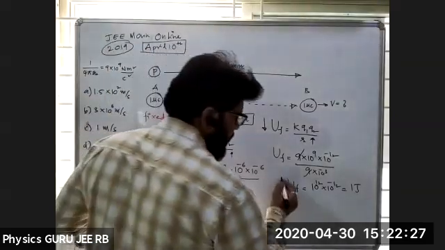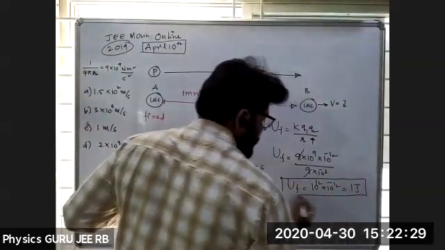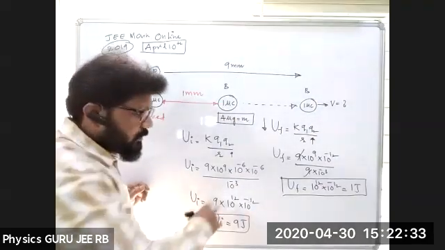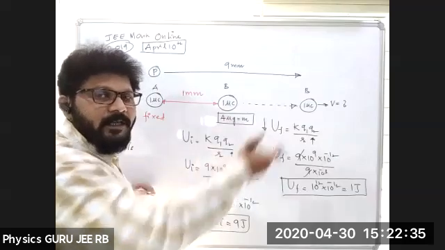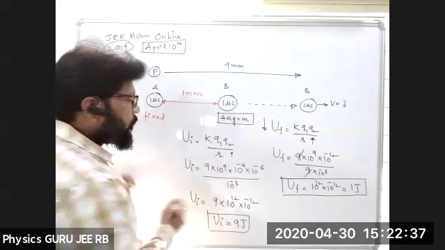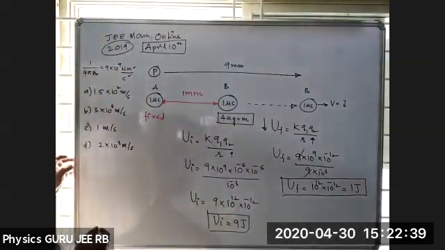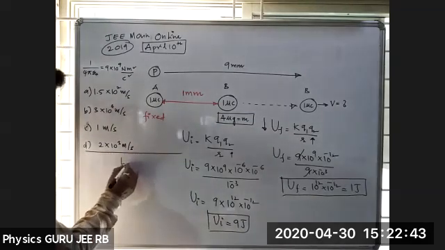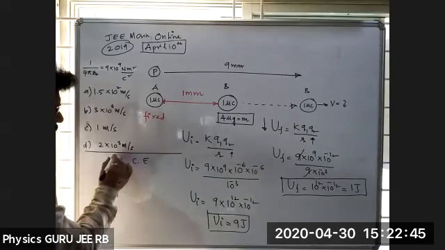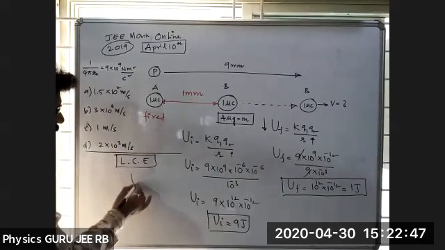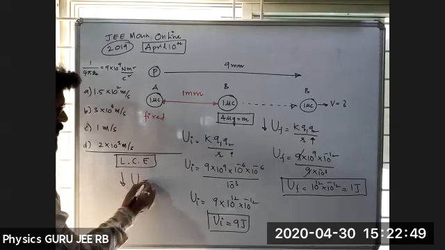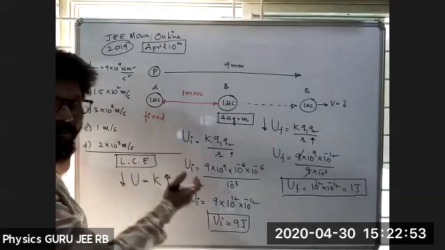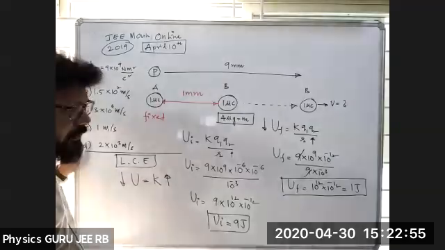You can see clearly, observe, the final potential energy is decreased compared to the initial potential energy. This change will give the kinetic energy. So according to the law of conservation of energy, the decrease in potential energy is equal to the increase in kinetic energy, or it appears in the form of kinetic energy.